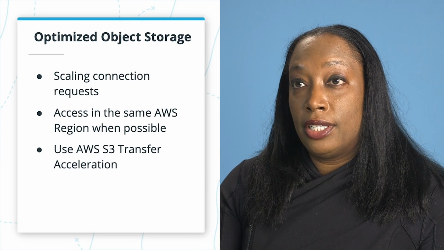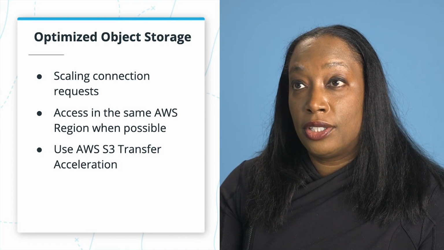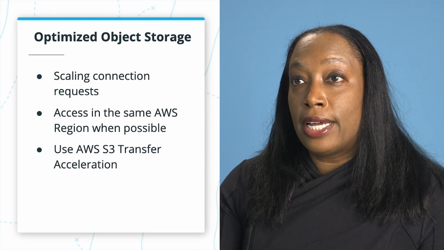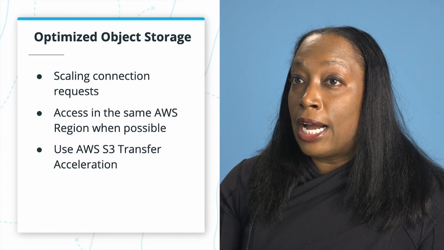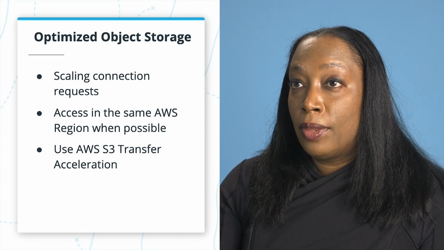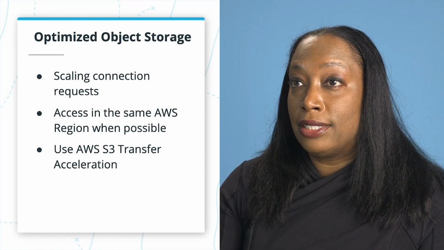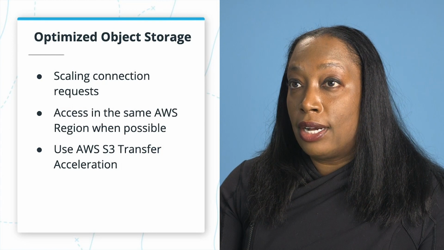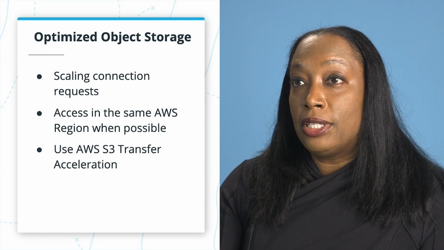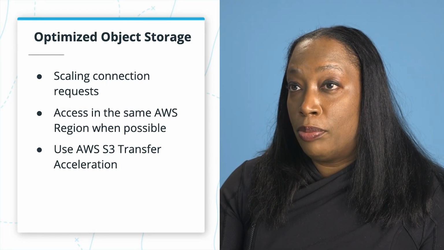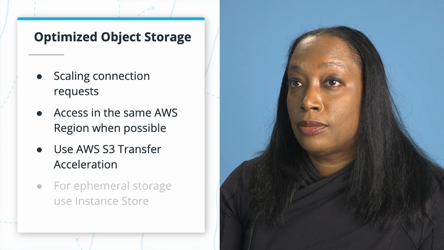Transfer Acceleration uses CloudFront edge locations. When the data reaches an edge location, it is routed to Amazon S3 over an optimized network path. Use Transfer Acceleration for transferring gigabytes to terabytes of data regularly across continents, or when you need to upload to a centralized S3 bucket from anywhere in the world.